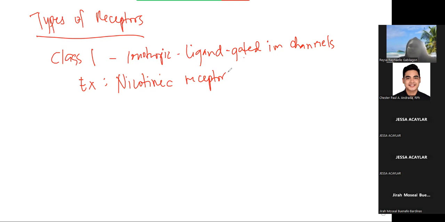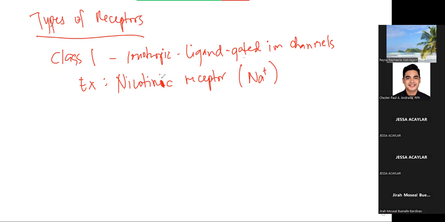In this case, it's sodium channel, yung ginigate ng ating ligand. Okay? So again, if nicotinic receptor is being activated, sodium channel will open, and then sodium syempre will enter the cell, and that will lead to depolarization. So like the inside membrane of the cell will become more positive, thus leading to the stimulation of the cell.